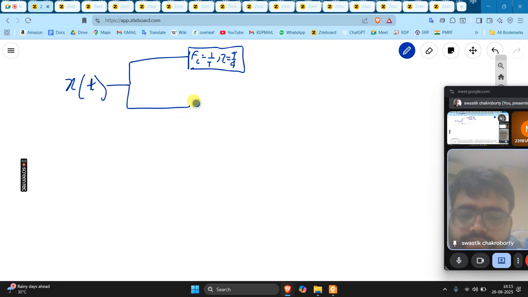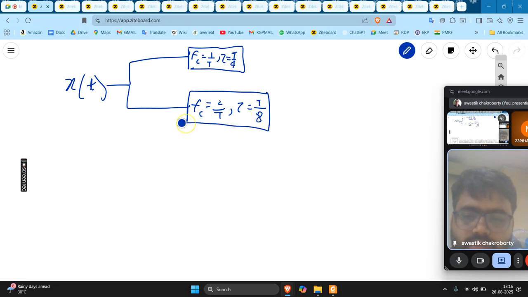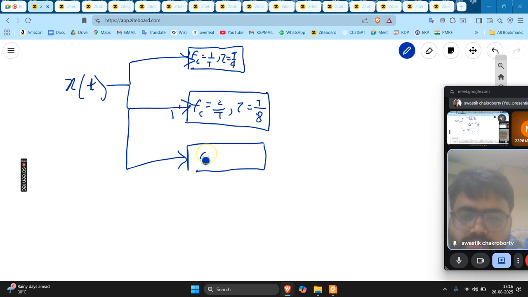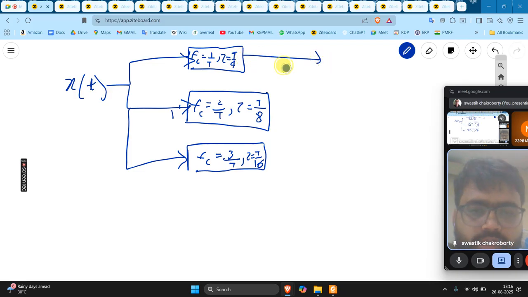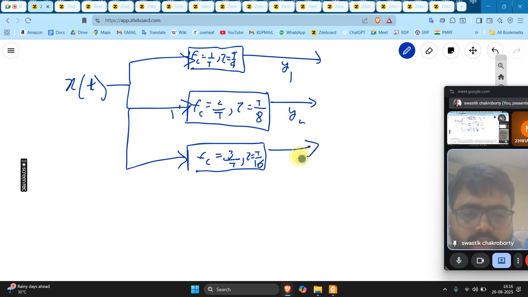Next it is connected to another filter with fc equal to 2/T and tau equal to T/8. Next, fc equal to 3/T and tau equal to T/16. Now these have outputs, let's say, y1, y2, y3, like that.